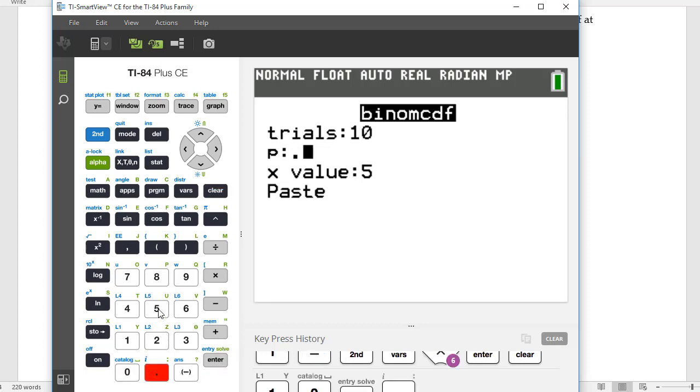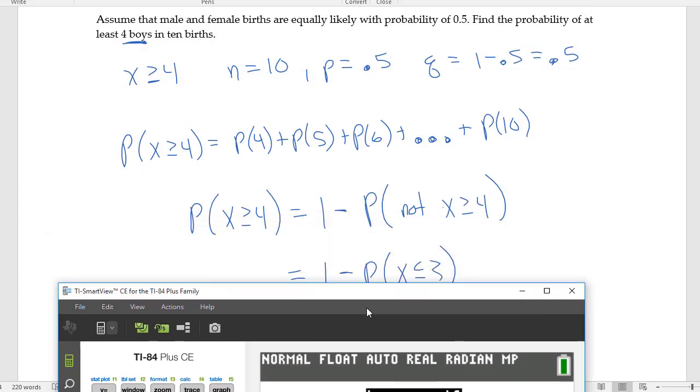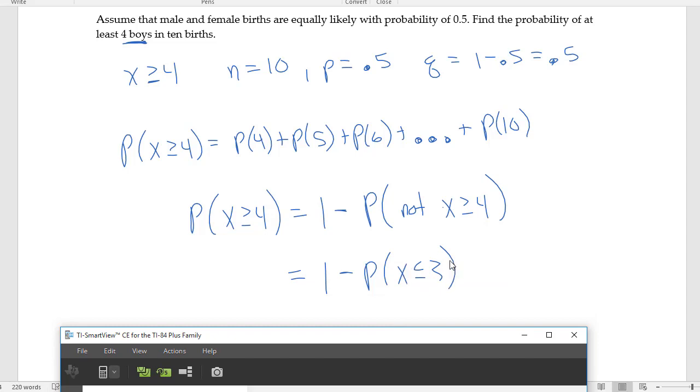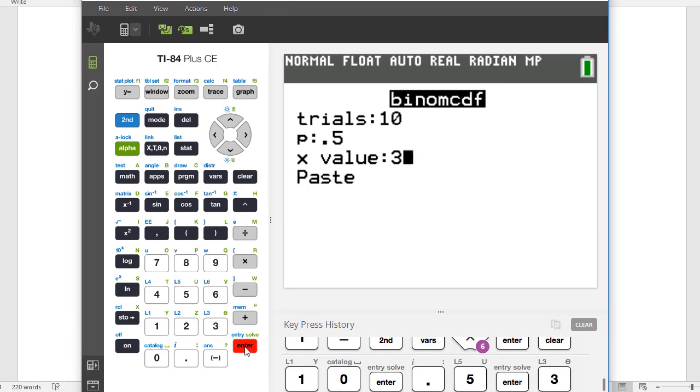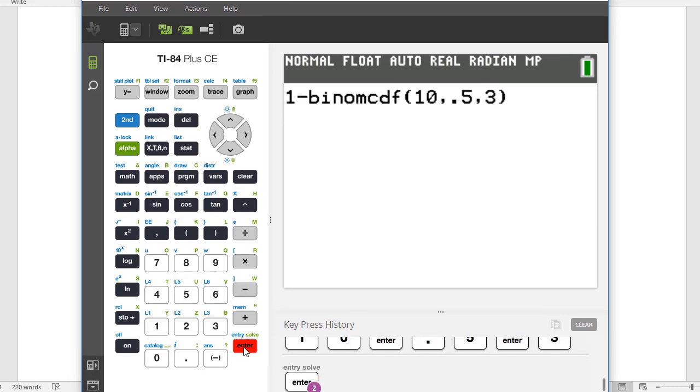The p-value is 0.5 for a boy. And we wanted to subtract up to 3. Let's hit enter, and there would be our probability of 4 or more.